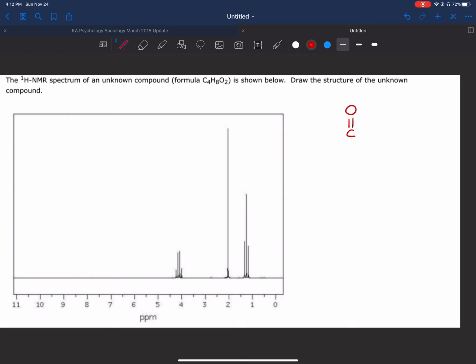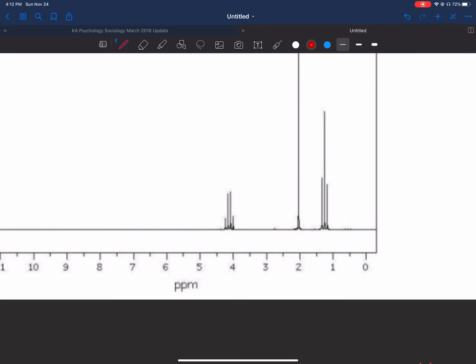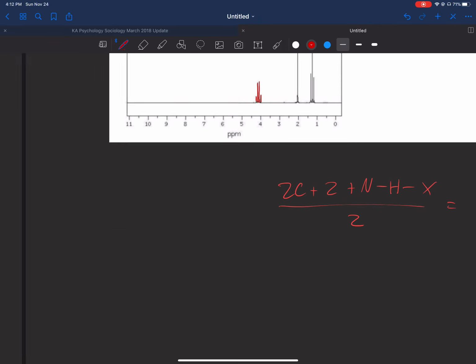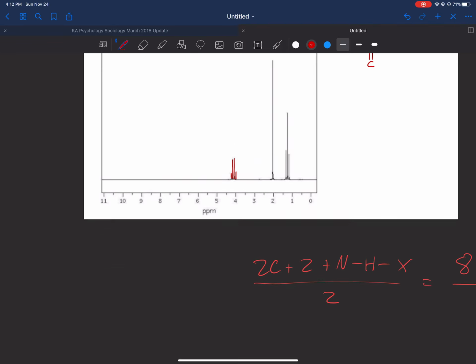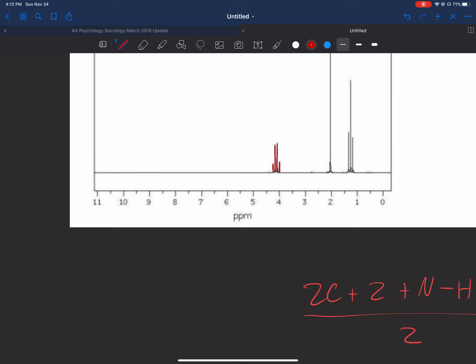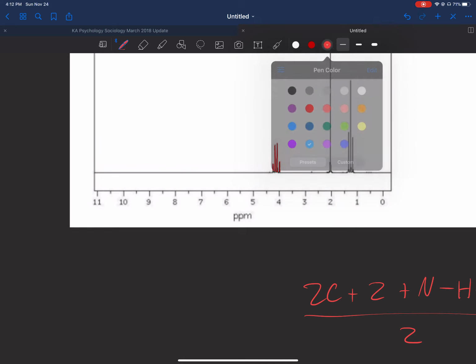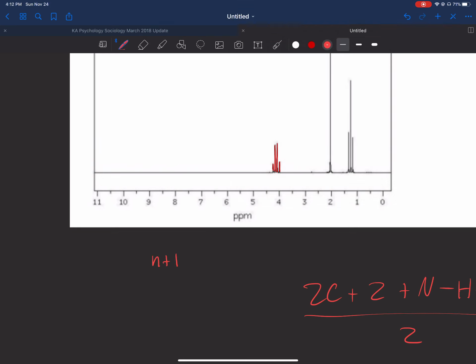Now what I want to do is analyze the HNMR peaks, right? That's the whole purpose of this. So let's see what we have here. You can see that we have 1, 2, 3, 4 lines there. That's a quartet, right? Now remember, the n+1 rule tells us the splitting. So we have n plus 1 equals 4.